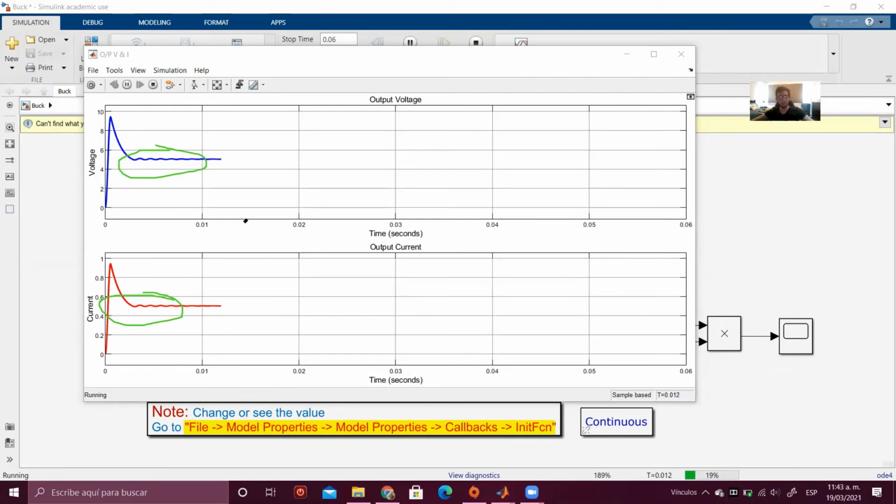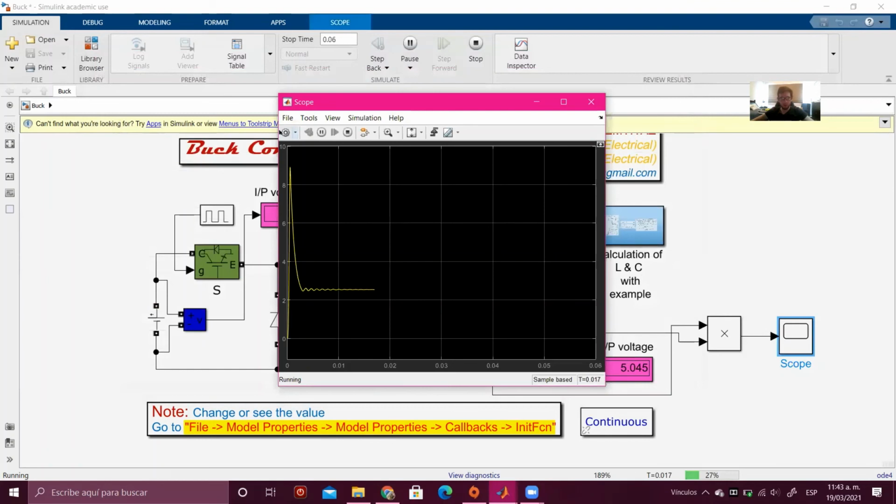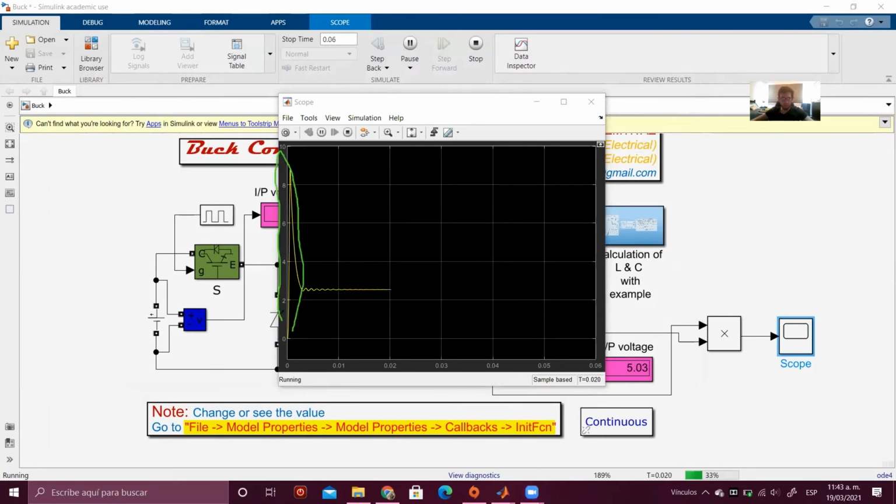But as we can see, it does the same process or phenomenon. But what happens with the power? Well, it can be seen right here. Let me just close this and show this one, and we can see here that the power immediately goes to a peak, but then suddenly it drops to a value of about, well, this is multiplied by 100, so by 10, so this might be 29 or 28 watts approximately.